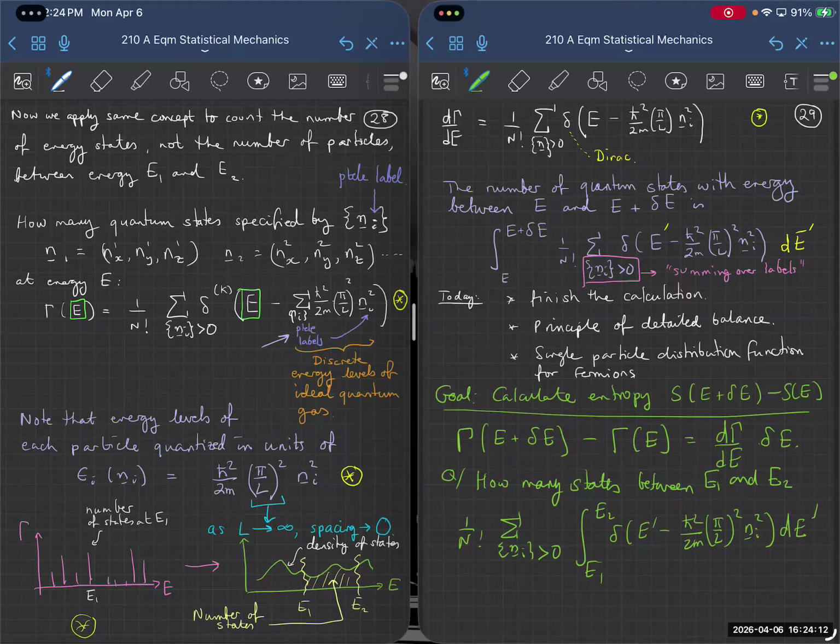So that's the answer. And when this delta function over here, this is a single delta function.